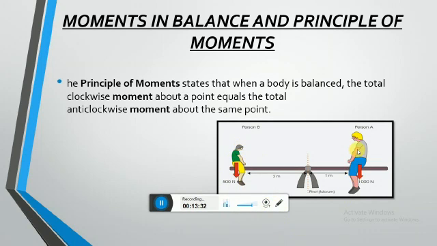So the clockwise moment for person A and the anti-clockwise moment for person B are equal in magnitude. This is called the moment in balance or principle of moments. The anti-clockwise torque is equal to the clockwise torque.